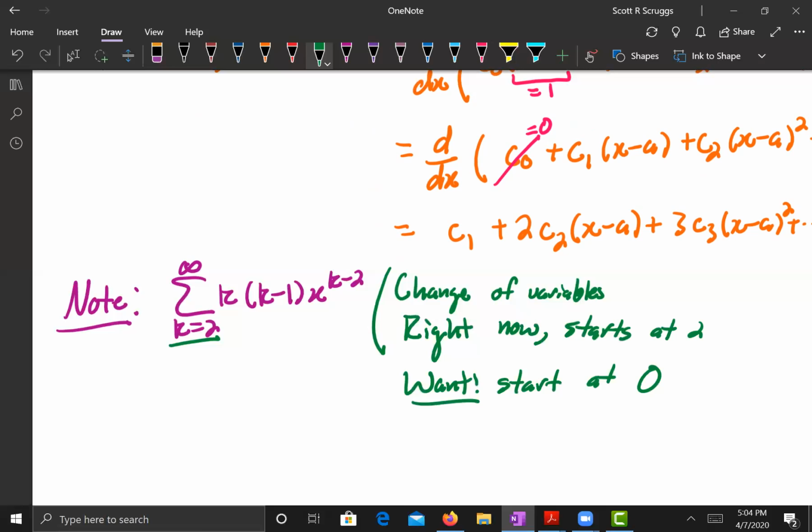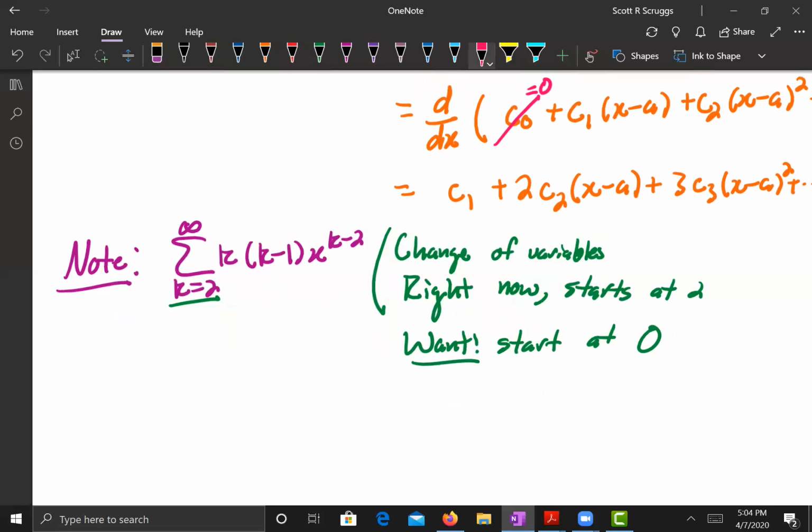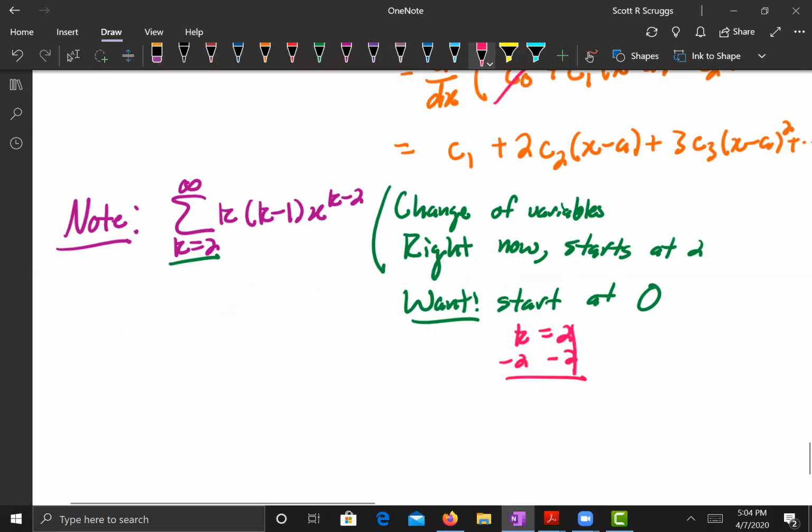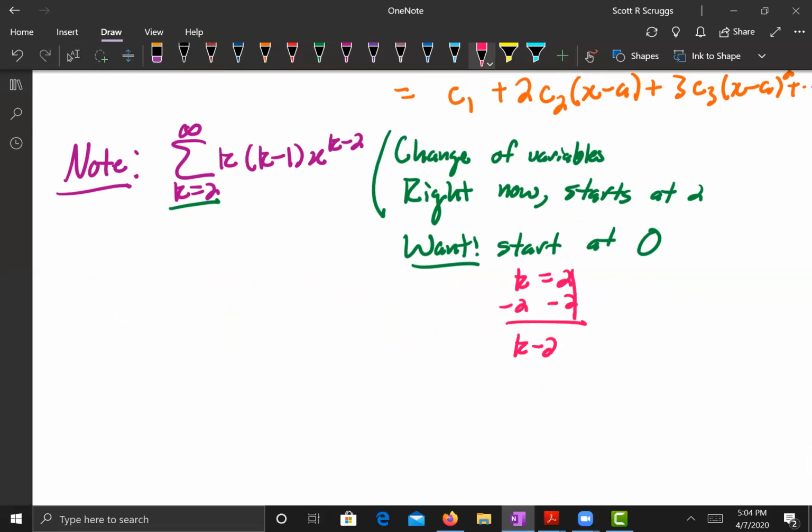Right now I have the relationship that at the beginning of my series, k equals 2. And so if I want this to start at 0, I'm going to subtract 2 from both sides, and I'll get k minus 2 equals 0. And this is where I mean when I say I'm going to do a change of variables to force my series to start at 0.